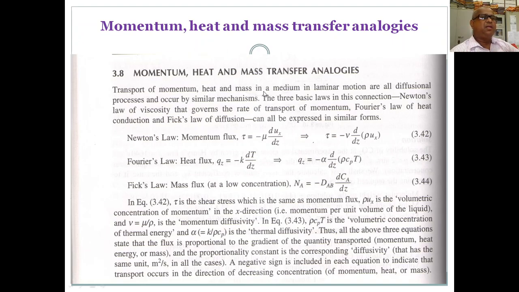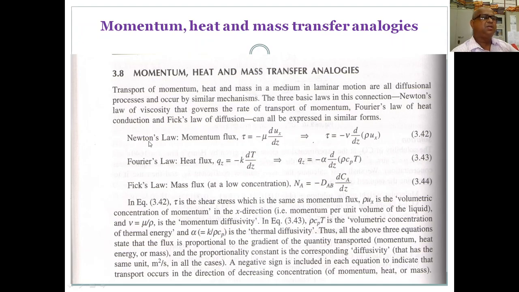And these three basic laws, Newton's law of viscosity, which governs the transport of momentum, where momentum is mass into velocity, Fourier's law of heat conduction, and Fick's law of diffusion, can all be expressed in a similar form.